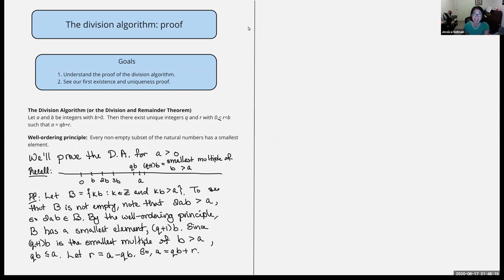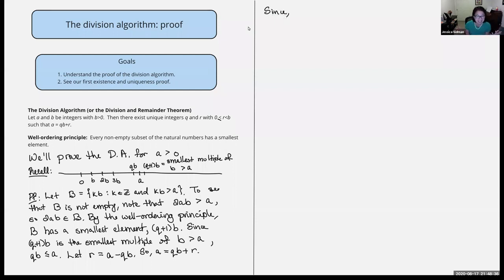So that's what I wanted, right? I wanted to find a Q and an R such that A was equal to QB plus R. I also have to make sure that R is a possible remainder. So note, how big can R be?